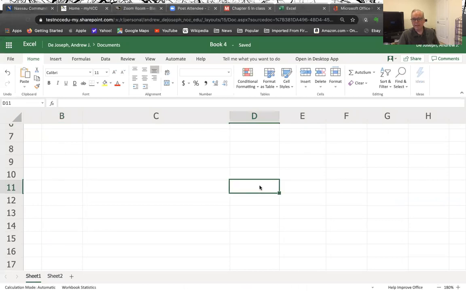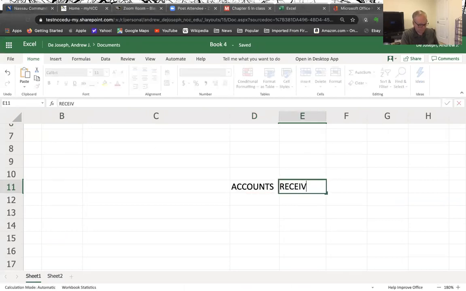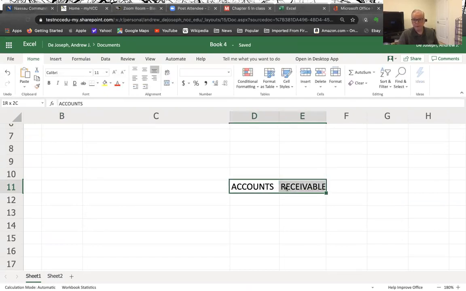Let's say we had a T account for accounts receivable, right? There's a T account for accounts receivable.